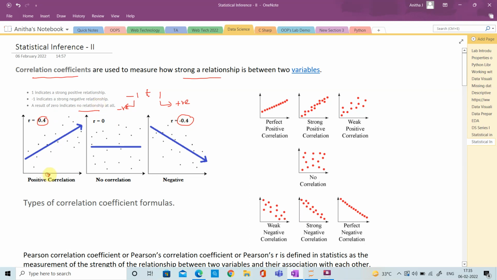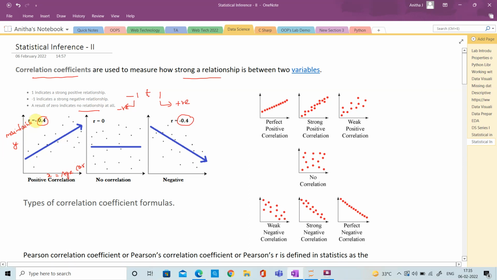Here I have a variable x and here I have a variable y. For example, I have the age of the car and the maintenance price of the car. Generally as the car age increases, the maintenance cost also increases. On the x-axis we have the age of the car, and when the age of the car increases, generally the selling price of the car decreases.